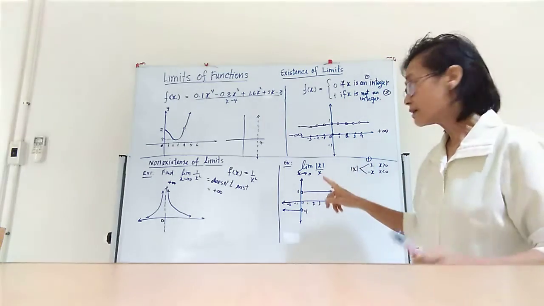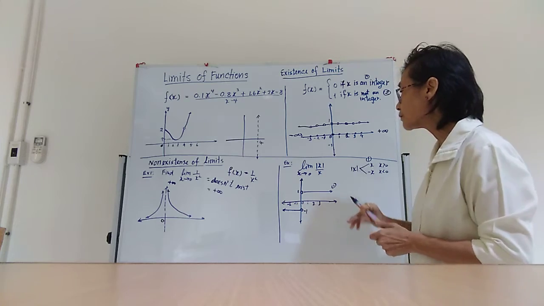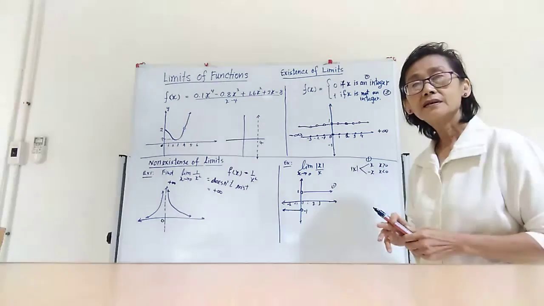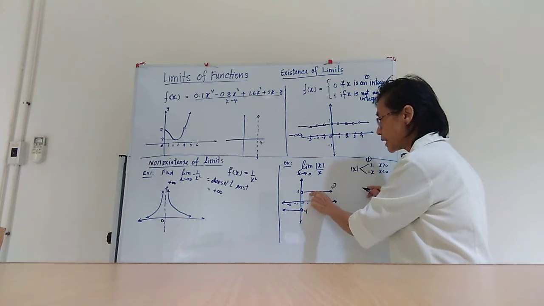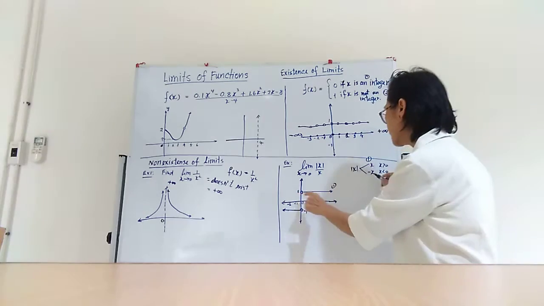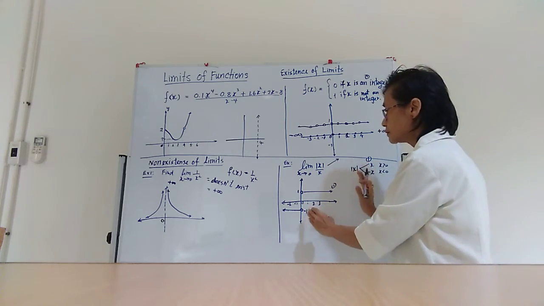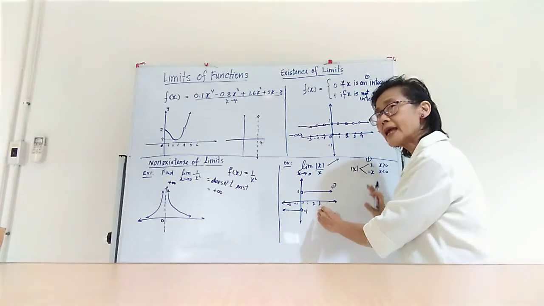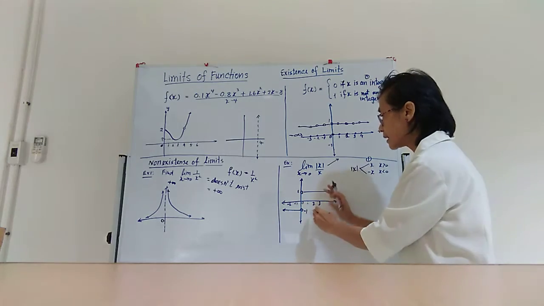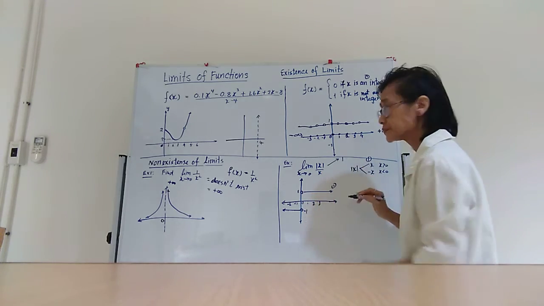Then we can answer now: the limit of absolute x over x when x approaches 0 will equal to what? Because when you go to the right hand side, y is what? 1, right? So the right hand limit of this one equals 1.